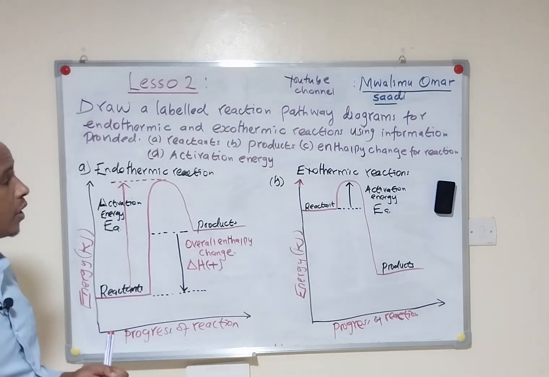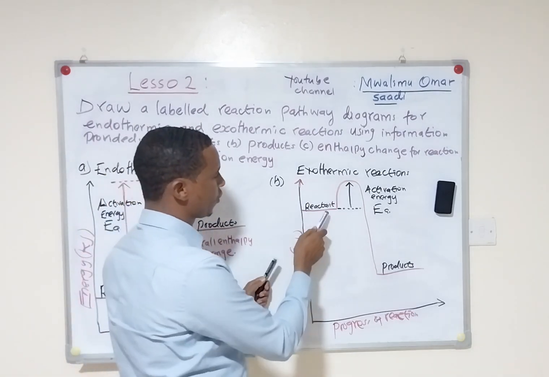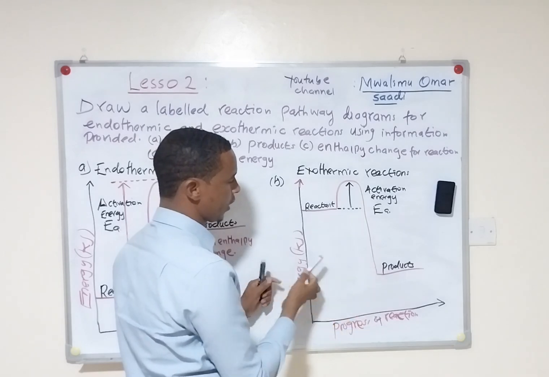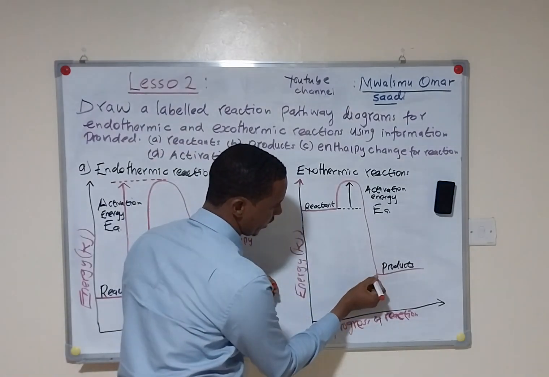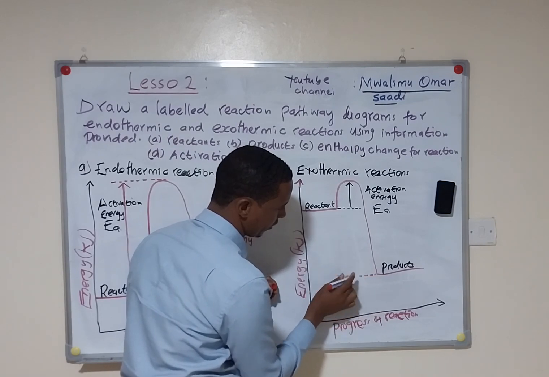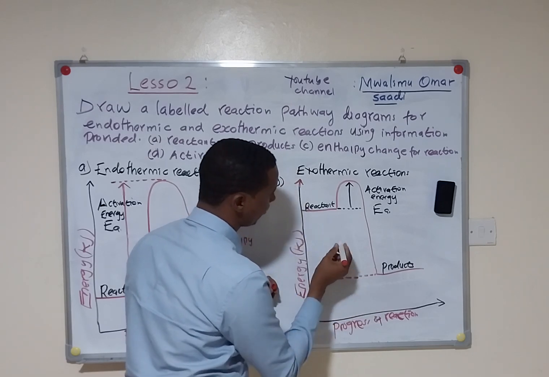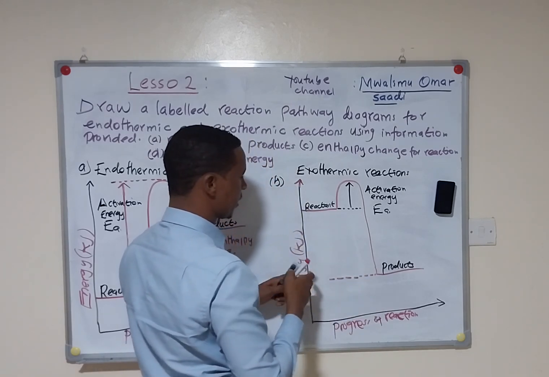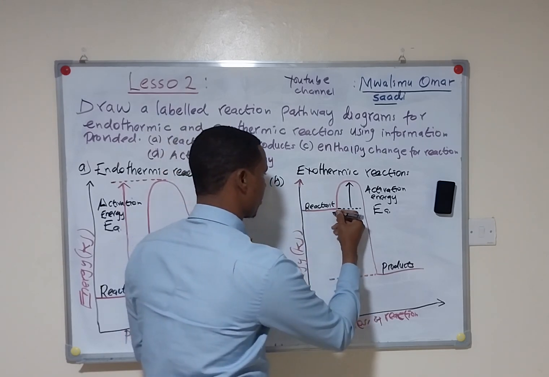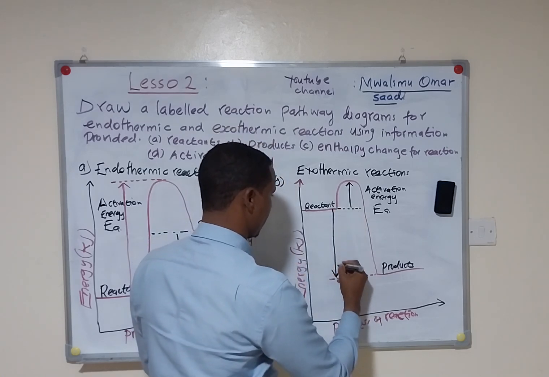And the overall enthalpy change will be the energy from the reactants to the products, and we show it by an arrow like that.